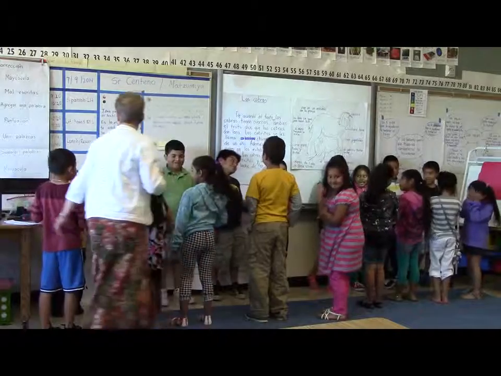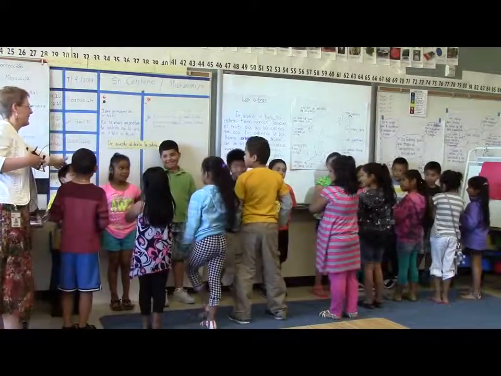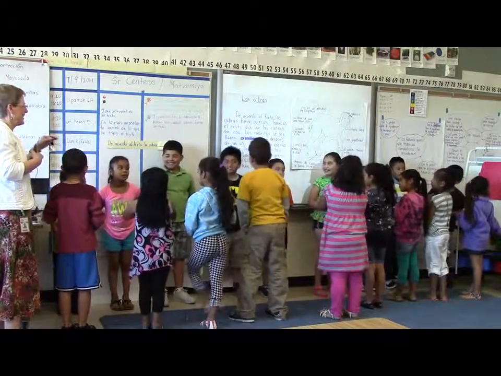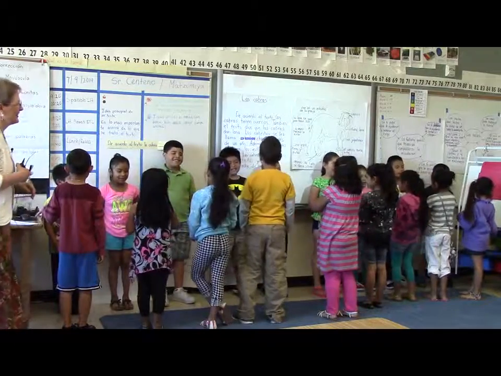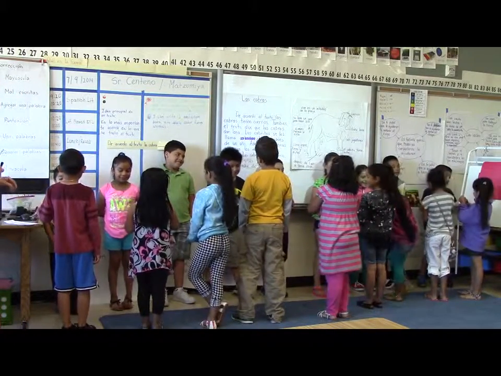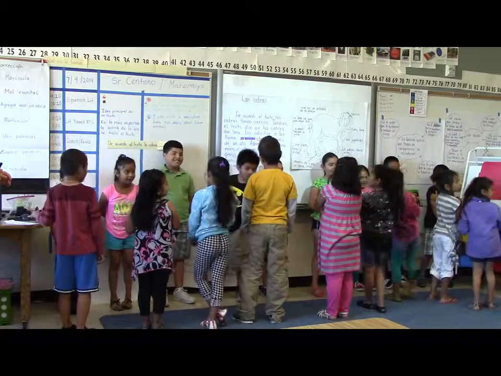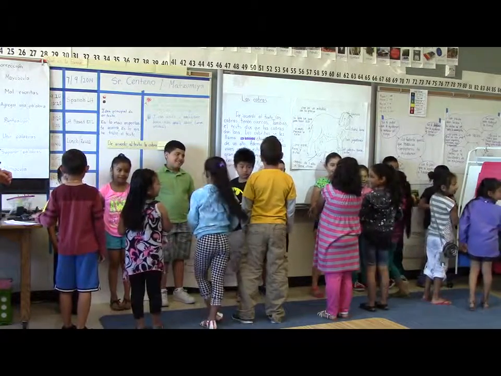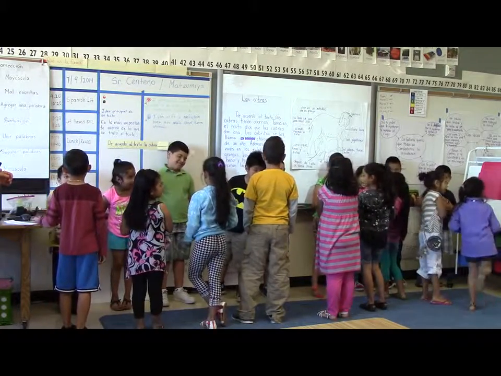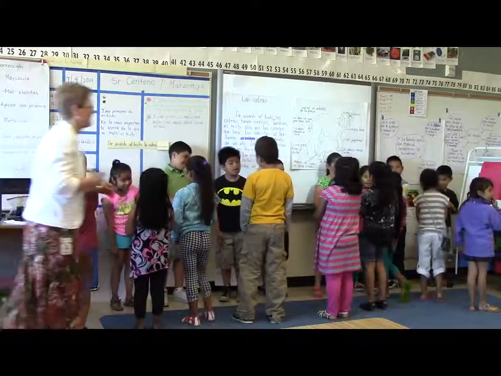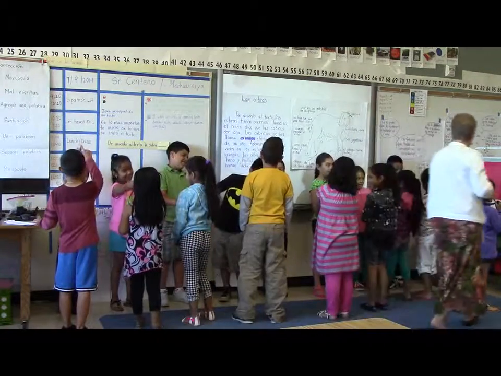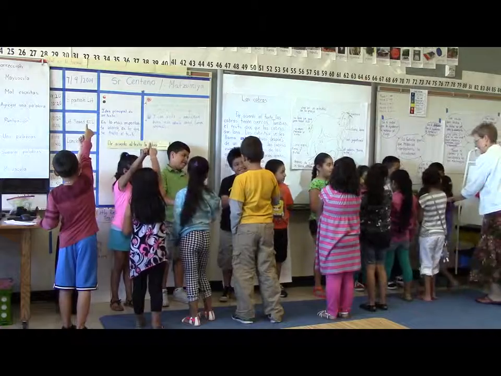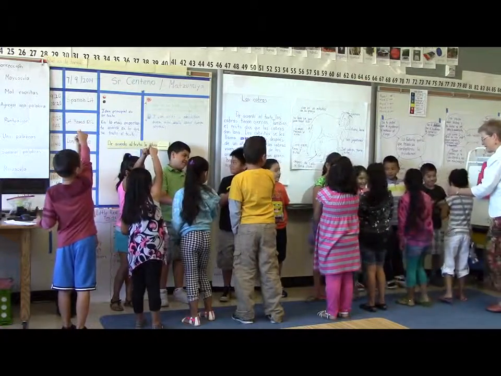Okay, ready? Where's my question, people? Over here. Ready? Go. What does the little red hen look like? The little red hen looks like. And one more time. Down you go. Find a new partner.